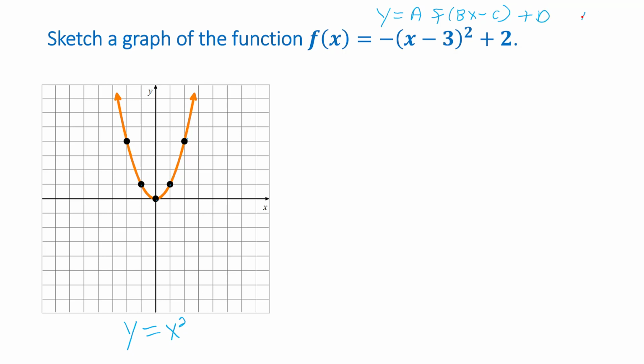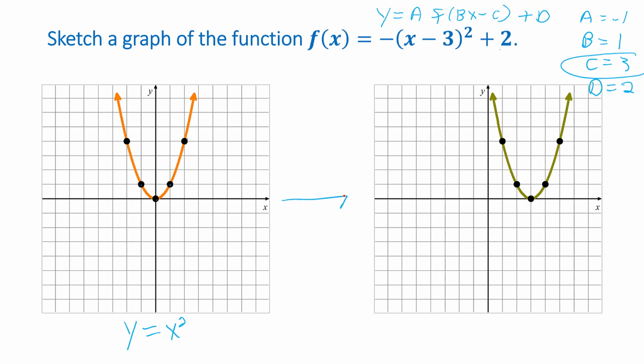Well, a would be equal to -1. b would be equal to 1 here. c would be 3. And d would be equal to 2. So once we've identified these values for a, b, c, and d, let's go ahead and look at the first step, which is to add c to each of the x-coordinates of the graph of y equals f(x). So we want to add 3 to each of the x-coordinates here.